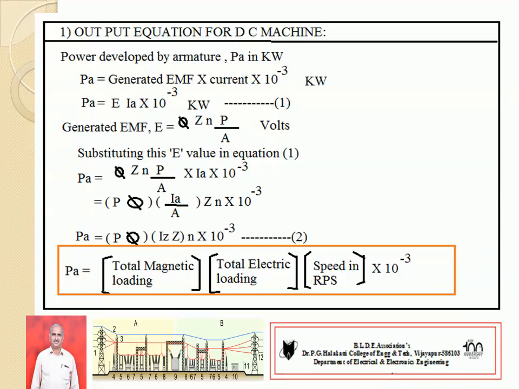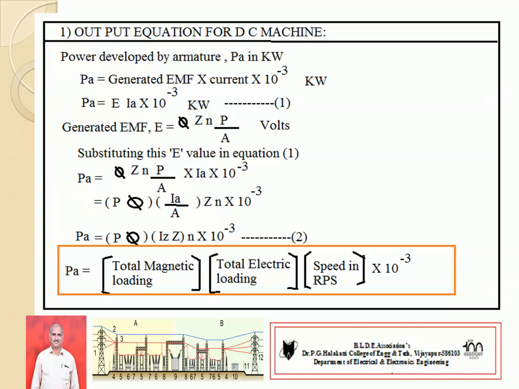Let the power developed by the armature be PA in kilowatts. So PA equals generated EMF into current into 10 to the power of minus 3, where the generated EMF is E and the current is the armature current. This gives equation number 1.